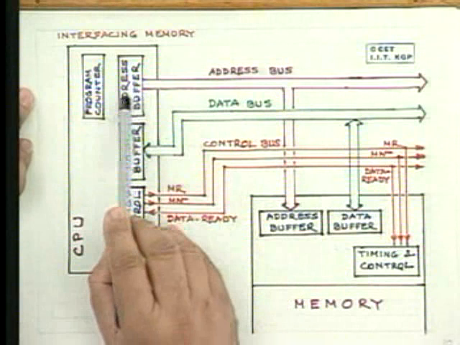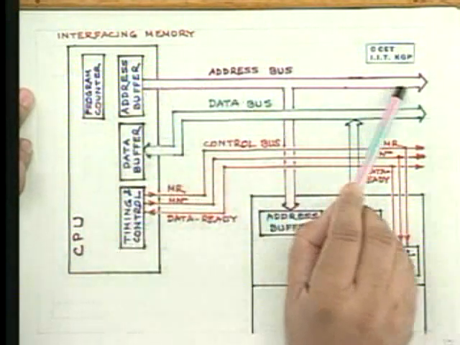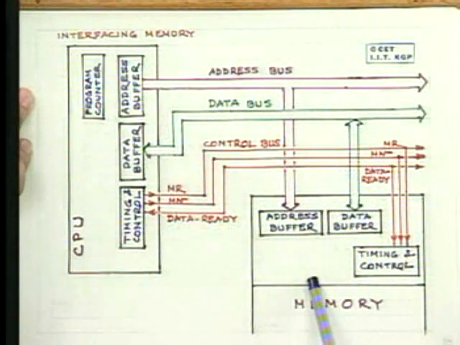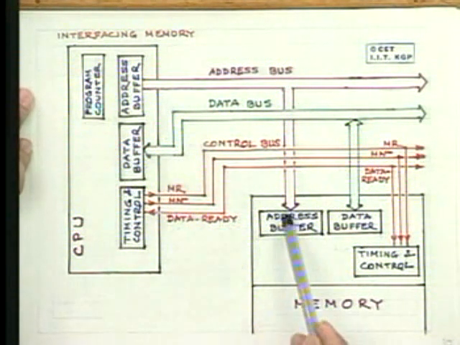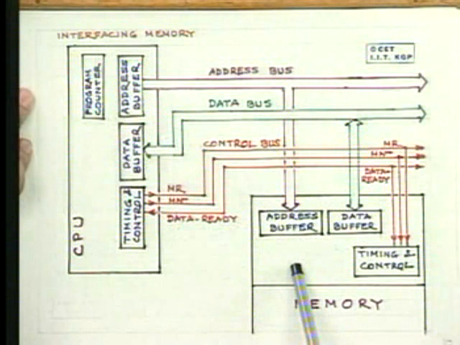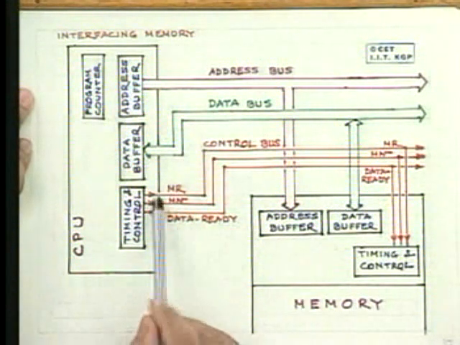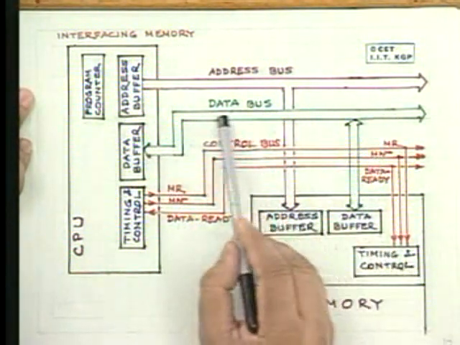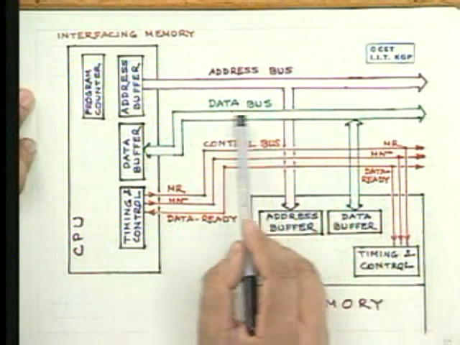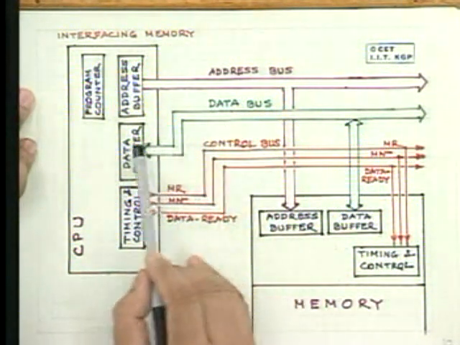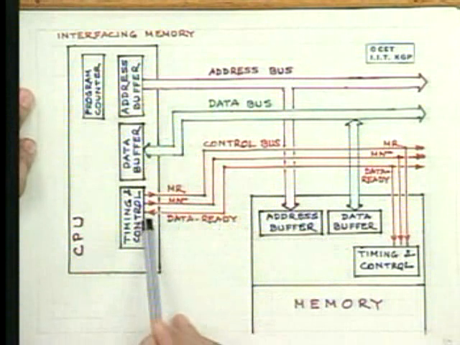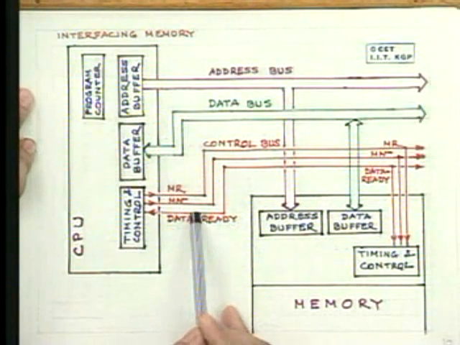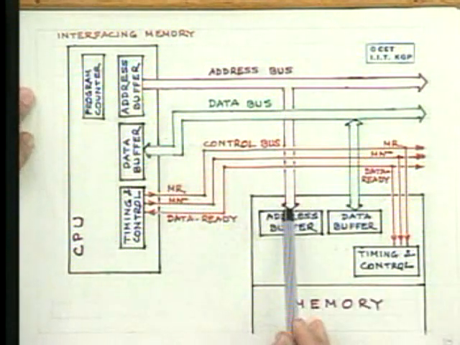The address bus contains the address of the memory location from where or to where the data is taken or put. The data bus contains the data that I want to transfer between the CPU and the memory, and the timing and control tells me how exactly the operation has to be done.